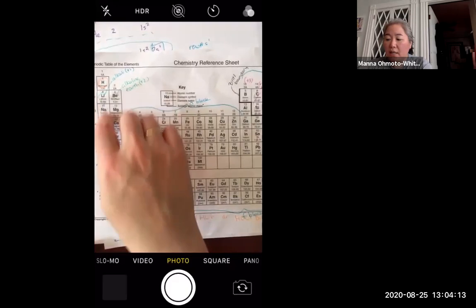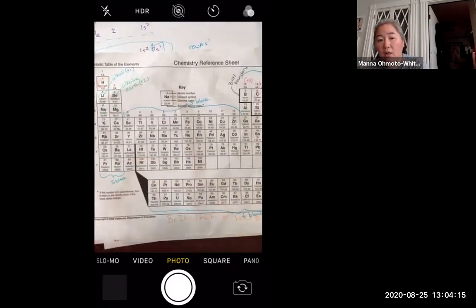So all of the elements in one column are in the same family because they behave the same way. One thing that electron configuration has shown us is that there's an underlying explanation that ties in the elements that are in the same family that also matches our understanding of how charged particles behave.